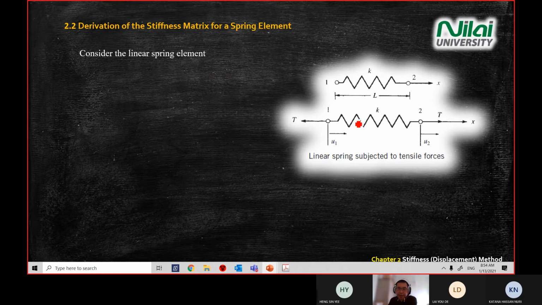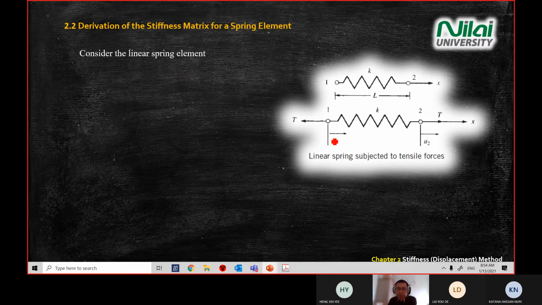Now we look at the diagram on the screen. At point 1, you have a tensile force pulling to the left-hand side. At point number 2, you have a tensile force pulling to the right-hand side, and you're given a general axis where the positive x direction is from left to right. Now I'm going to ask a question by looking at the diagram.